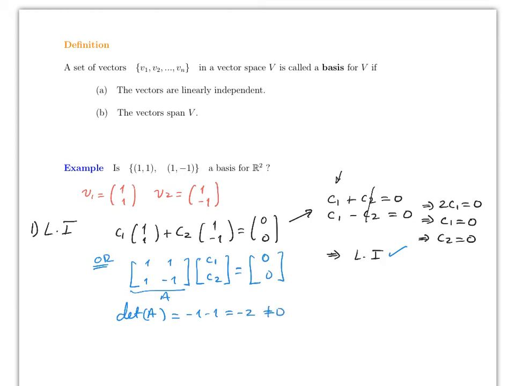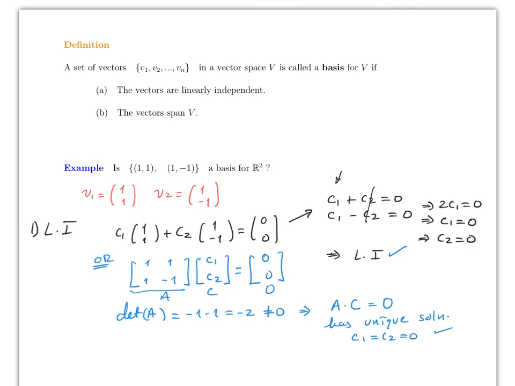This is not equal to 0, so that means that the system AC equals the 0 vector has a unique solution. The only solution that this one will have, therefore, is that c1 equals c2 equals 0, and that will give you the exact same answer.